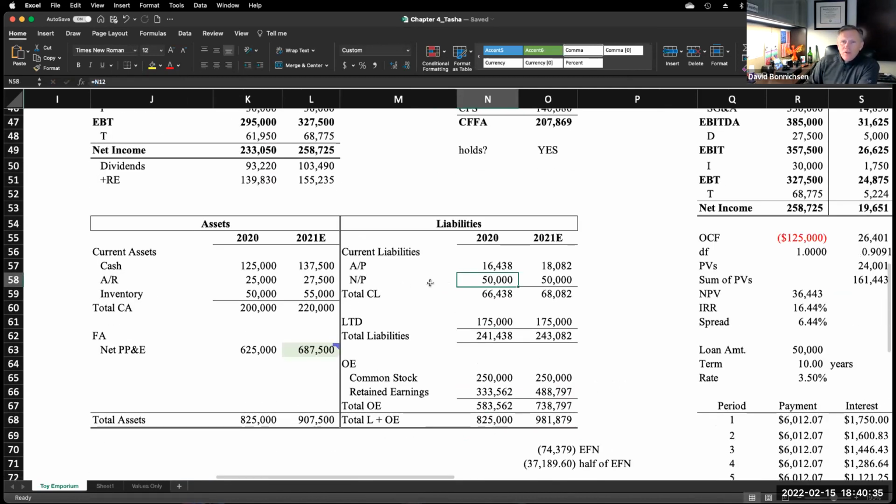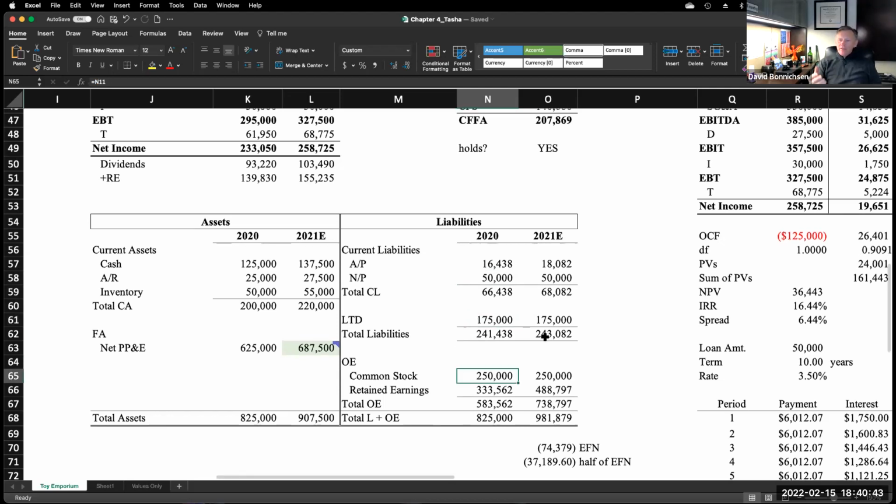And then you're given what notes payable is, what long-term debt is, and what common stock is. Now, how do we determine what the retained earnings are for 2020? What are we given in the assumptions table that we can use, in addition to what we created from our 2020 income statement, to determine what our 2020 retained earnings are going to look like?